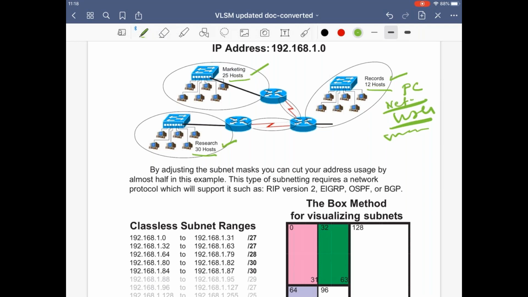So what we will do here: when we do VLSM questions, always remember that we start in decreasing order.